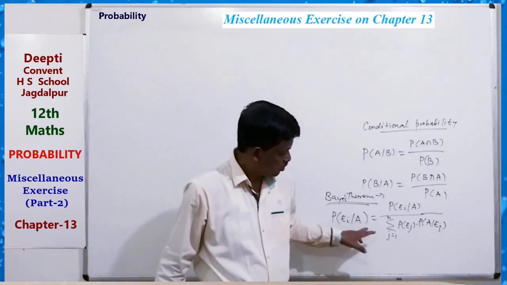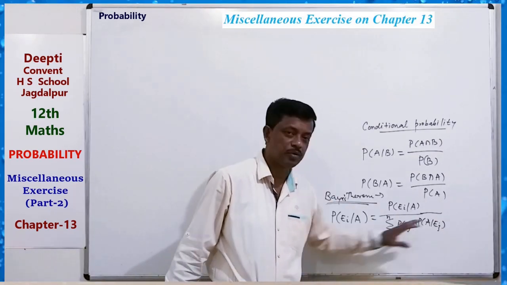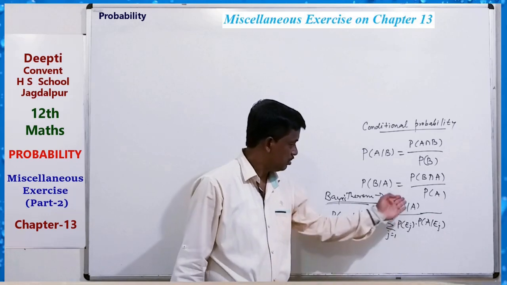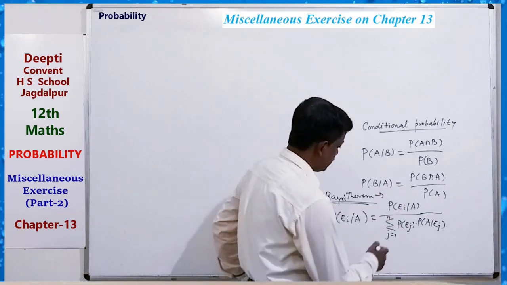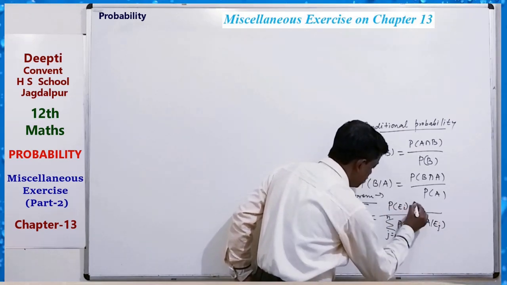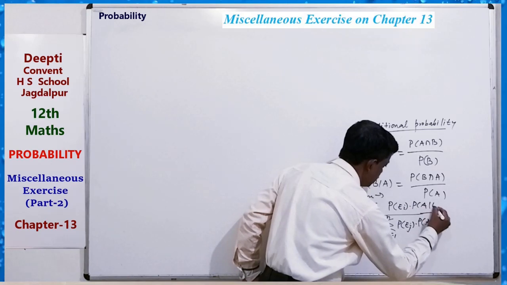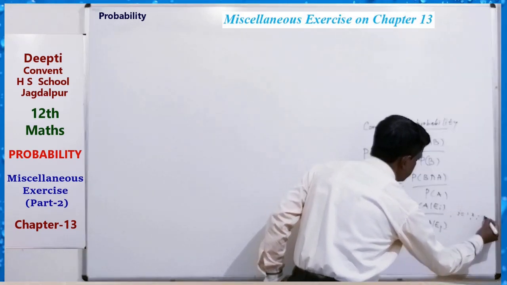From the total probability theorem, we write the total probability in the denominator, and in the numerator P(Ei) into P(A|Ei), with i equals 1 up to n.